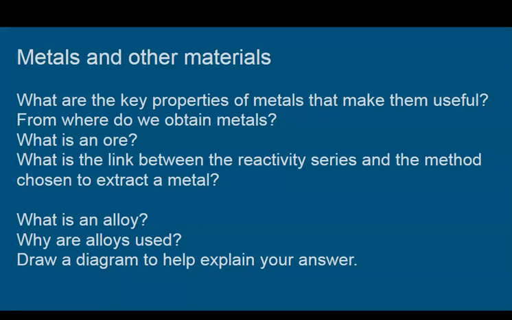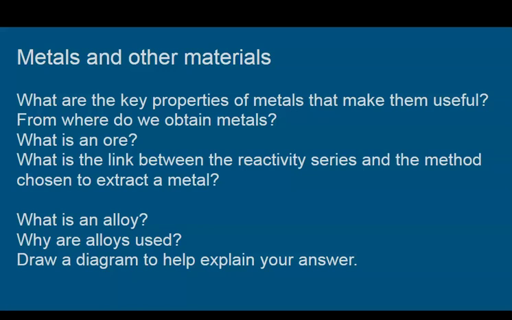And the link between the reactivity series and the method of extraction chosen is quite simple. Metals above carbon in the reactivity series have to be extracted by electrolysis. Metals very low in the reactivity series, such as gold and silver, are found native, chemically uncombined, so no extraction is required.